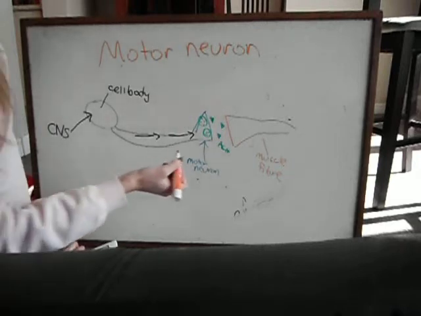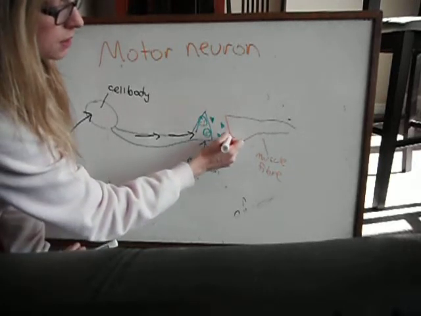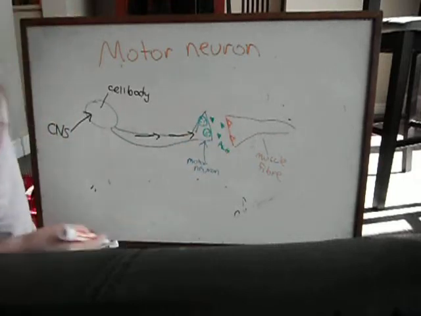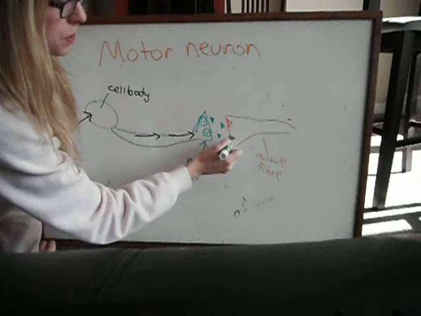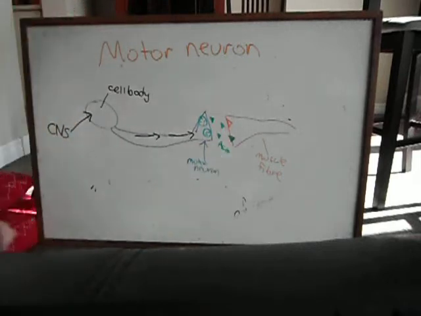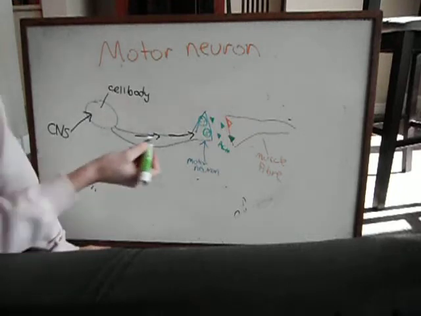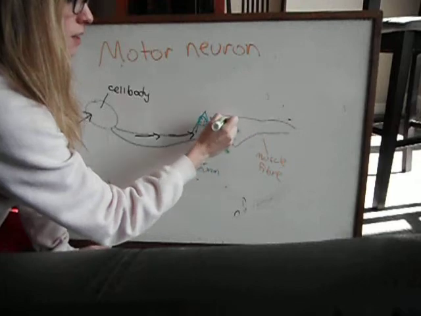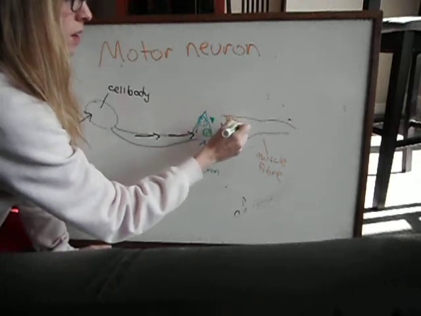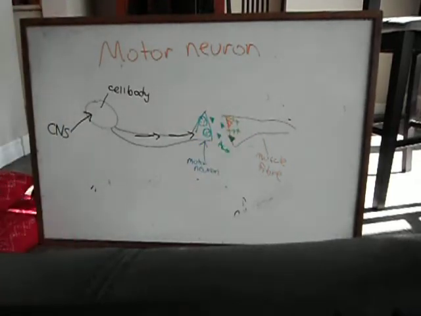So what's going to happen is the muscle fiber is going to have receptors on it waiting for the acetylcholine. So when acetylcholine binds to one of these receptors, it's going to open some channels. This is going to allow for some positive ions to move into the muscle fiber. When the positive ions move into the muscle fiber, this is going to cause a depolarization.